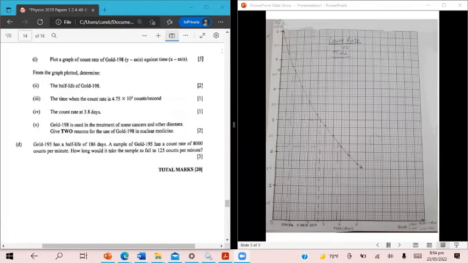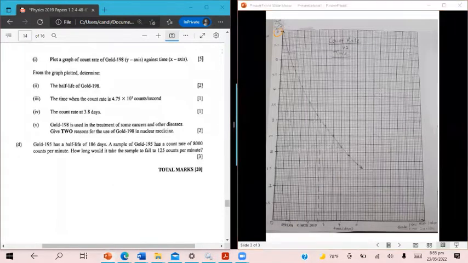All right, we're told to determine from the graph the half-life of gold. So recall that the half-life is the time taken for the original sample, or the current amount of that sample, to decay by exactly half its amount.